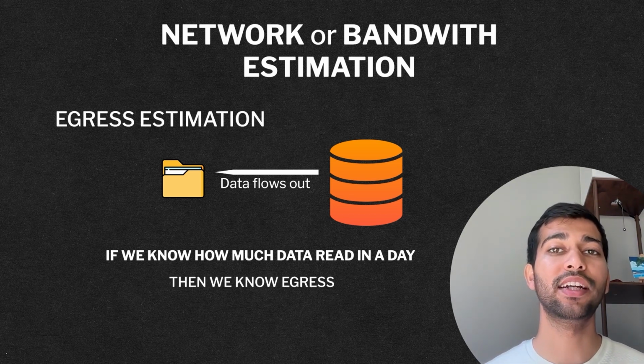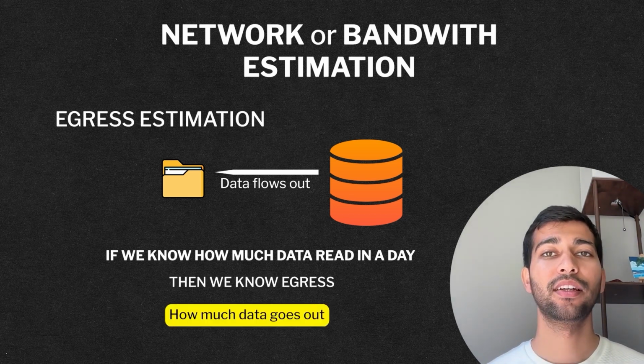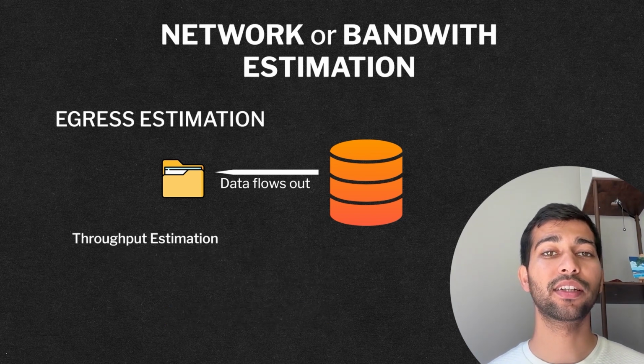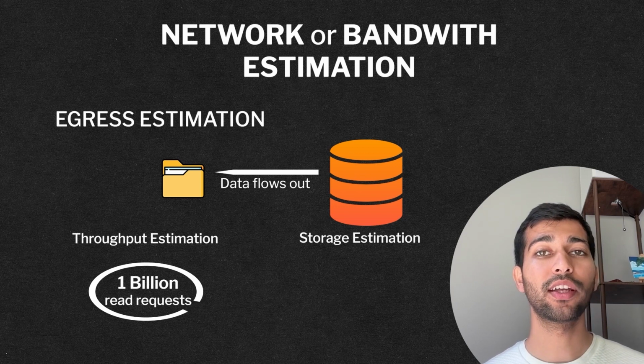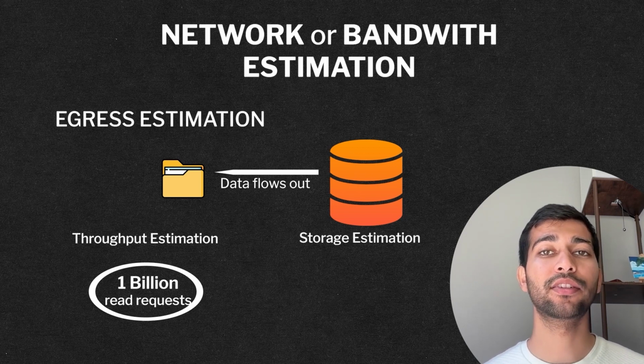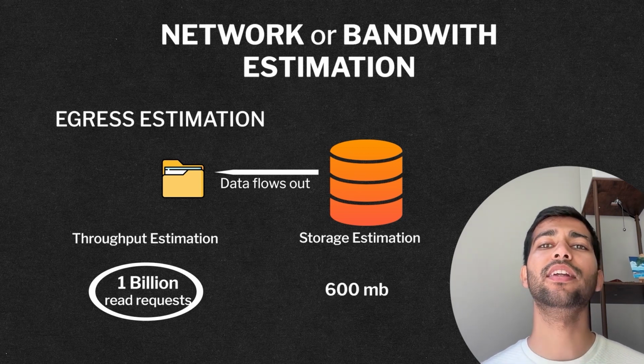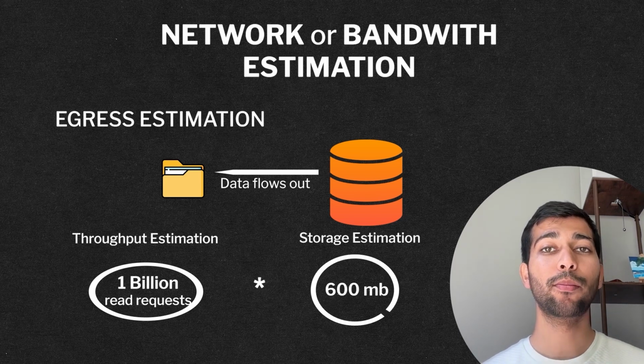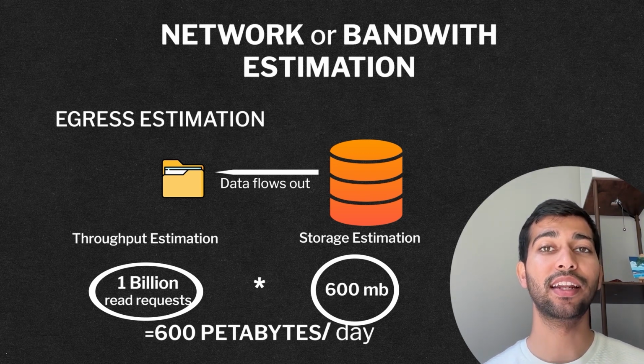Since we know from our throughput estimation that there are 1 billion read requests in a day, and from storage estimation that the average size of a video is around 600 MBs, if we multiply both of these numbers, 1 billion requests in a day into 600 MBs, that would be equal to 600 petabytes in a day.